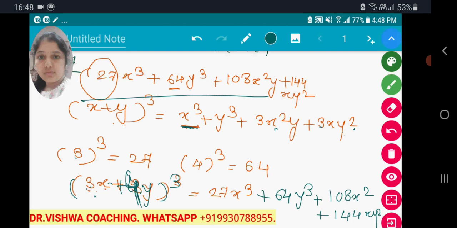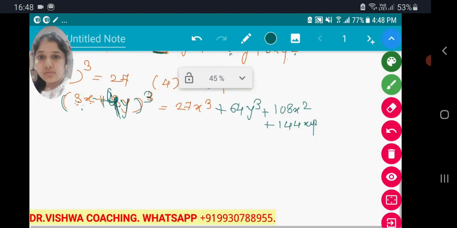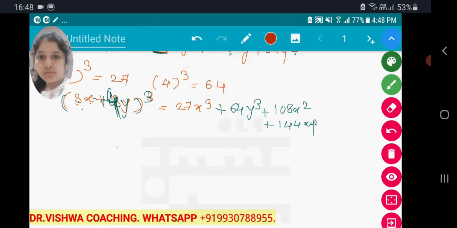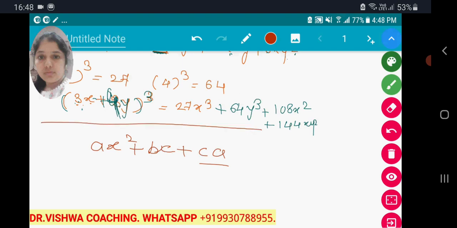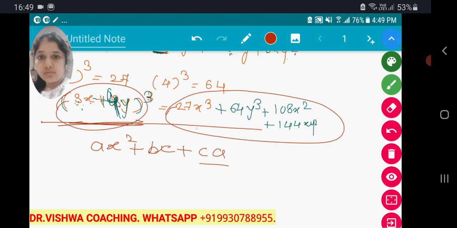Now see, in the school exam it is not asked, because for the school exam they ask the factors of equations which are like ax square plus bx plus ac. Not this kind of big equation. This is for the Olympiad. So looking at this, you can have an idea of the cube roots of 27x cube and 64y cube.